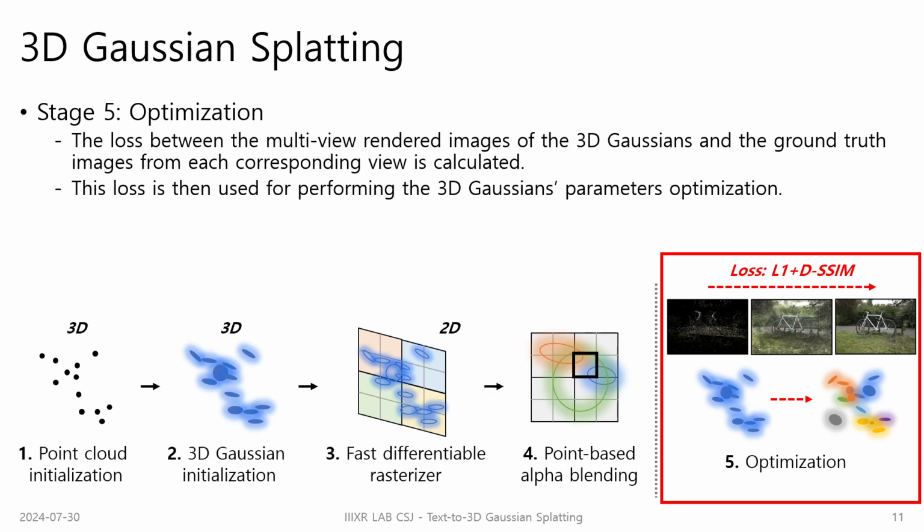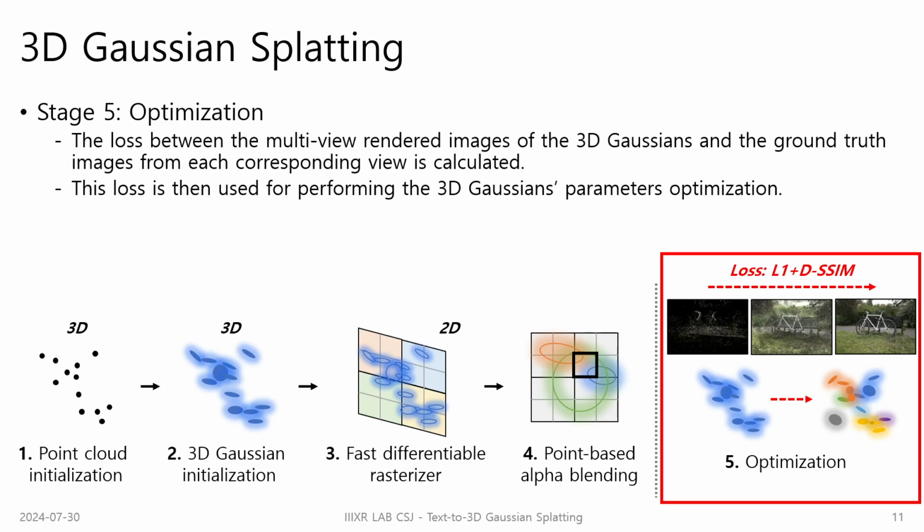This completes the forward process. Then, to accurately represent the 3D scene corresponding to the given multi-view images, the parameters of the 3D Gaussians need to be optimized.